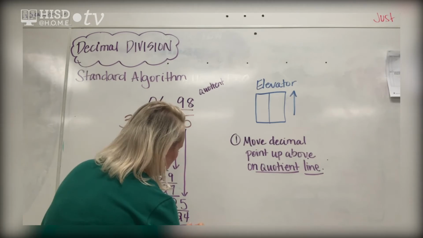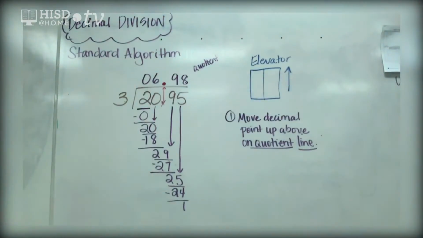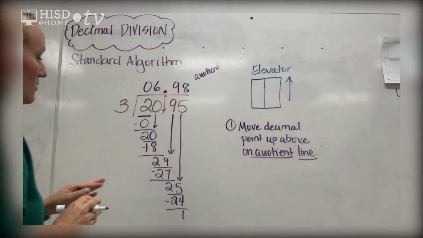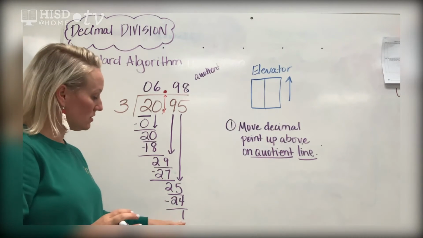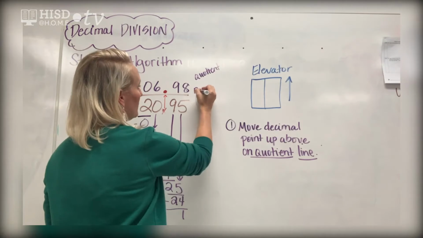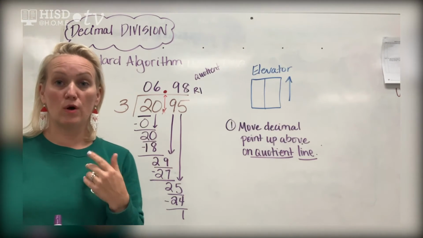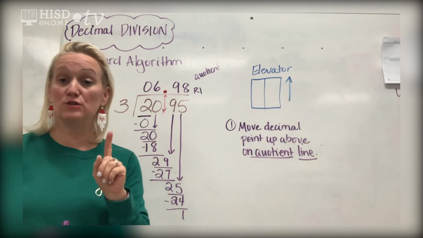Now, something interesting is happening. I have a remainder. Let me move that down so you could see a little bit more. Okay, so now I have a remainder, and that's a little bit of a troubling, kind of interesting thing. I actually can't have a remainder. I can't put remainder 1, because that would indicate that I have a remainder of a whole 1, and I do not. These are not whole numbers.